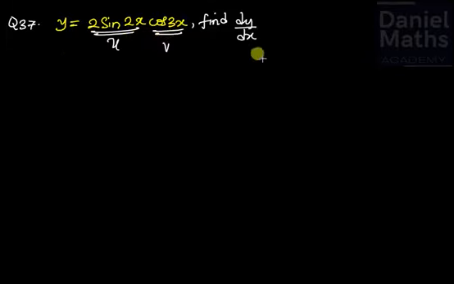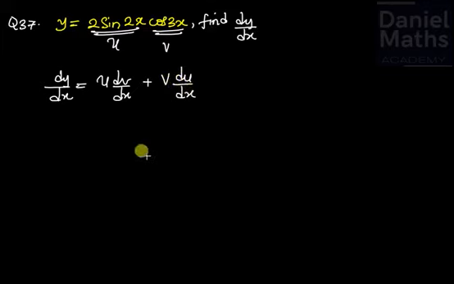The product rule says that dy over dx is equal to u dv over dx plus v du upon dx. So in this case, u is equal to 2 sine 2x.